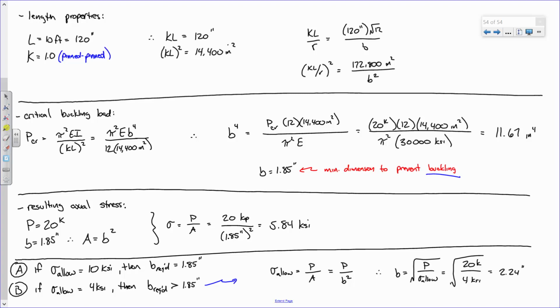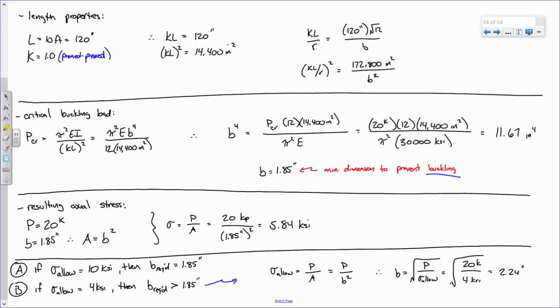All right. I know that's a little bit of a weird calculation, so let's take a second and digest that. The approach we took on that problem is we said, let's ignore part A and part B, and just figure out how much column is required to prevent buckling. We determined that that's 1.85 inches. Then we asked, is that enough?